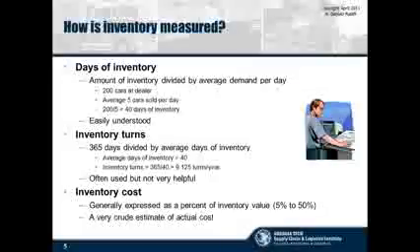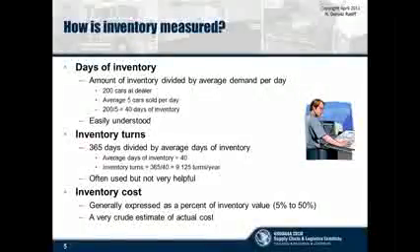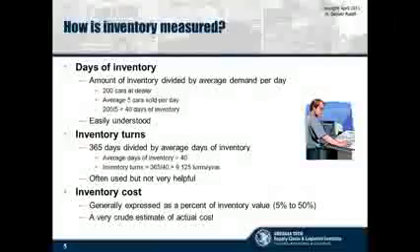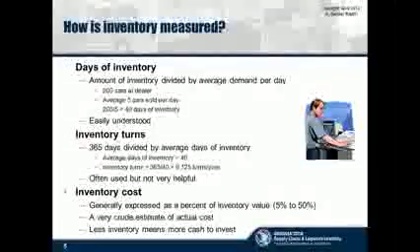Some things are relatively easy to think about, like the cost of money. But there are a lot of other things, like obsolescence and the likelihood that it'll be damaged, which are much harder to put a number on.